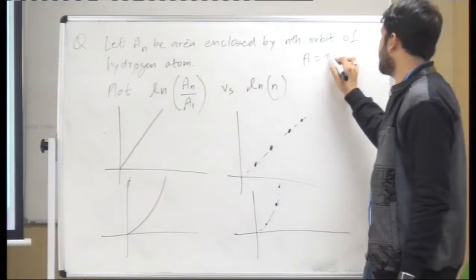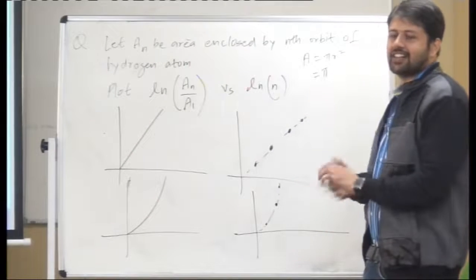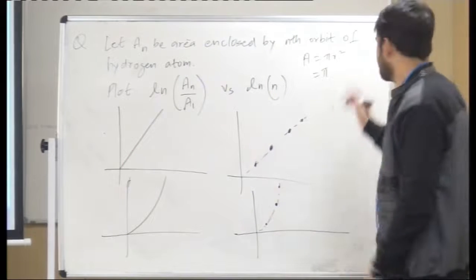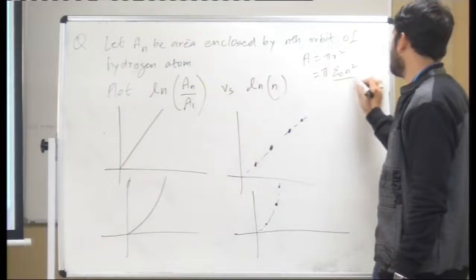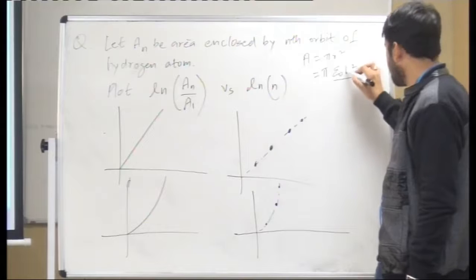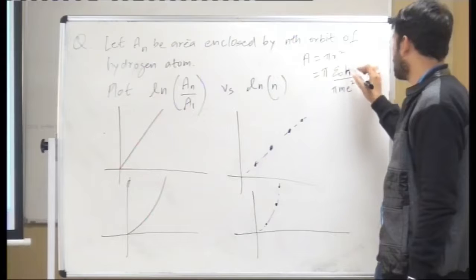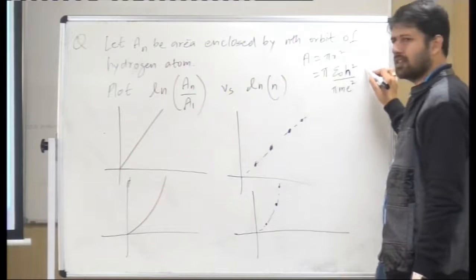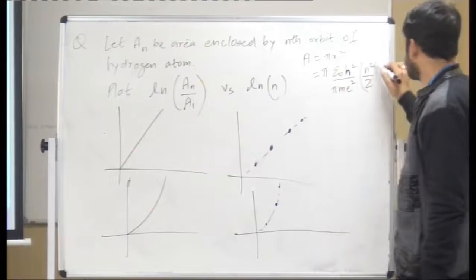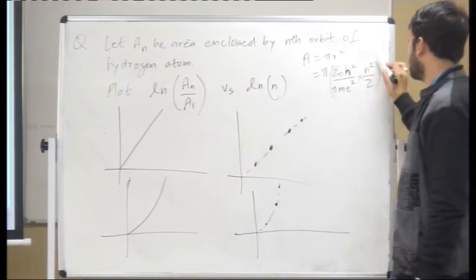Area of orbit is pi r square. Now tell me the expression. You need to tell it again. What is the expression for radius? Epsilon naught n square h square by pi m e square, and it is n square by Z. Okay. Sorry. Understood.